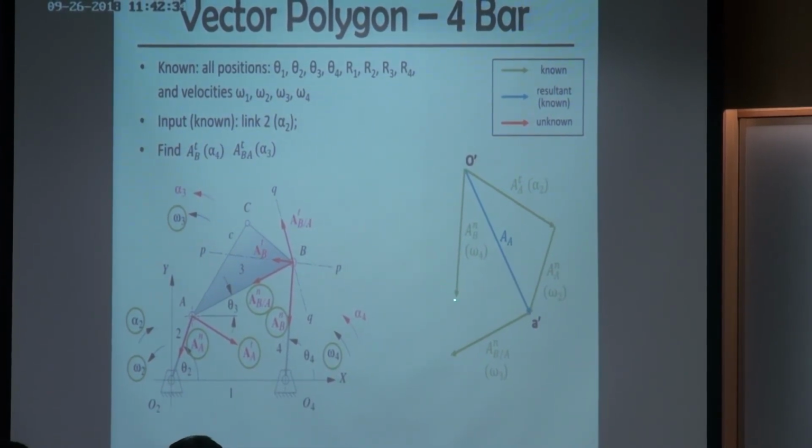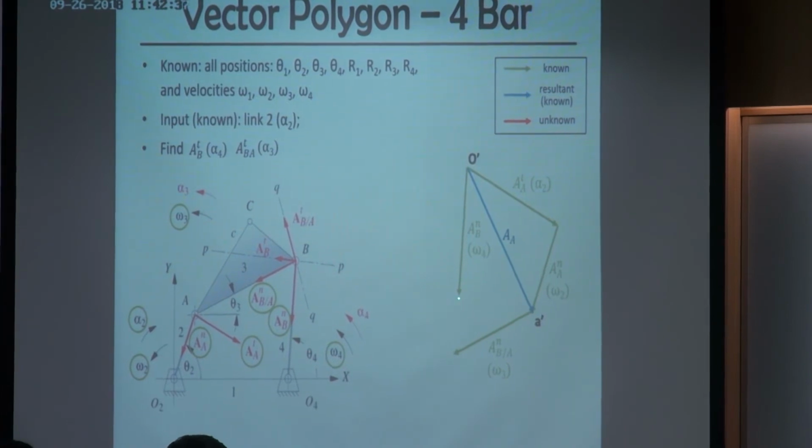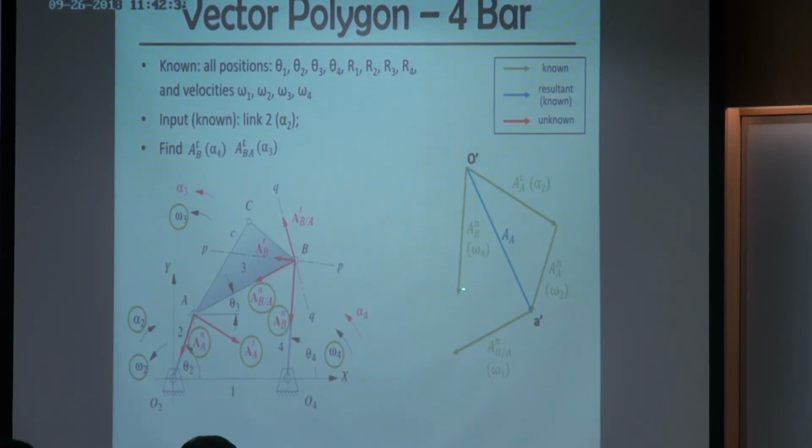And we know ABT is going to continue from this one. So you continue to draw this ABT here, and you continue to draw the ABAT right after this one. So here I just draw the ABAT. The direction is perpendicular to this line AB, the same as this one.